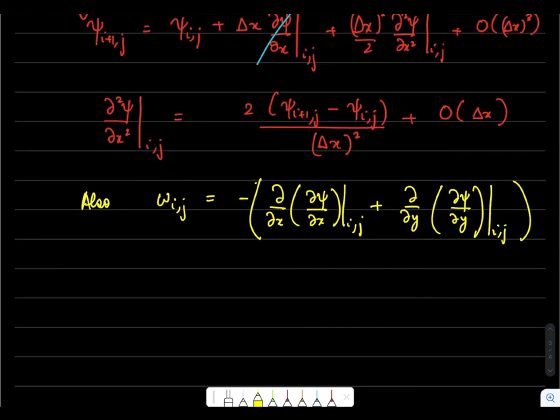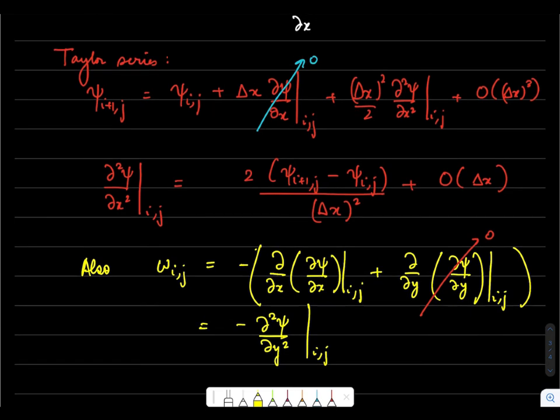And now I can already see that d psi dy along this wall is always 0. So that means this is going to go to 0, and so what we get is that omega ij is only minus d2 psi dy square at this location.